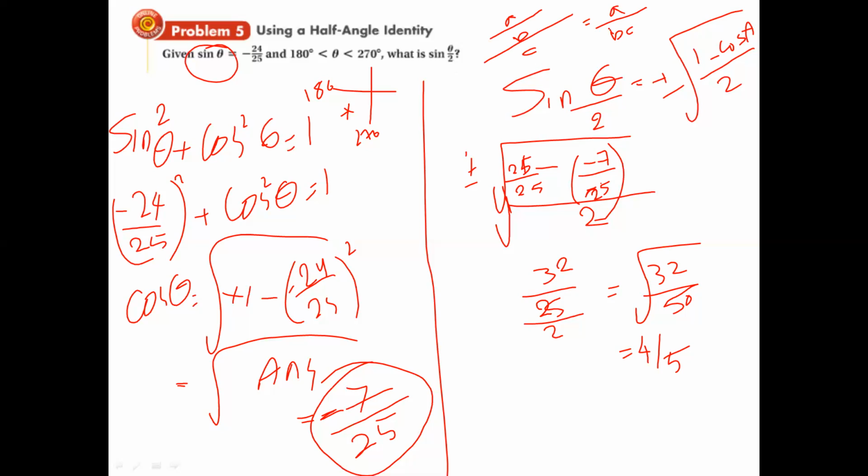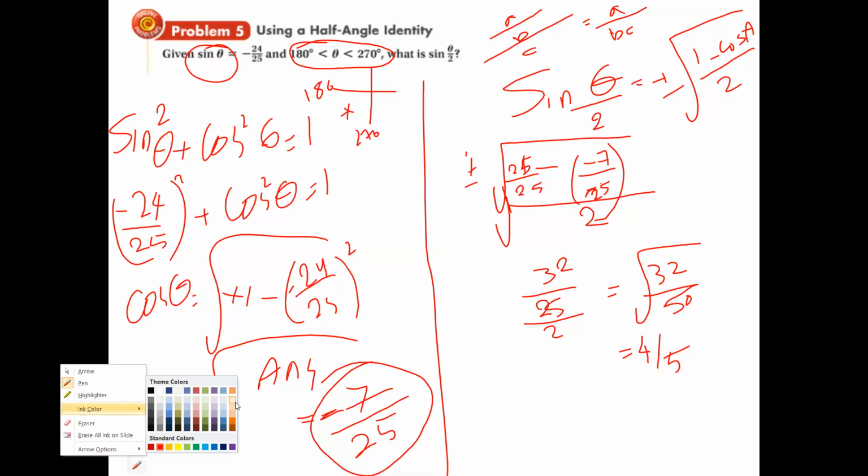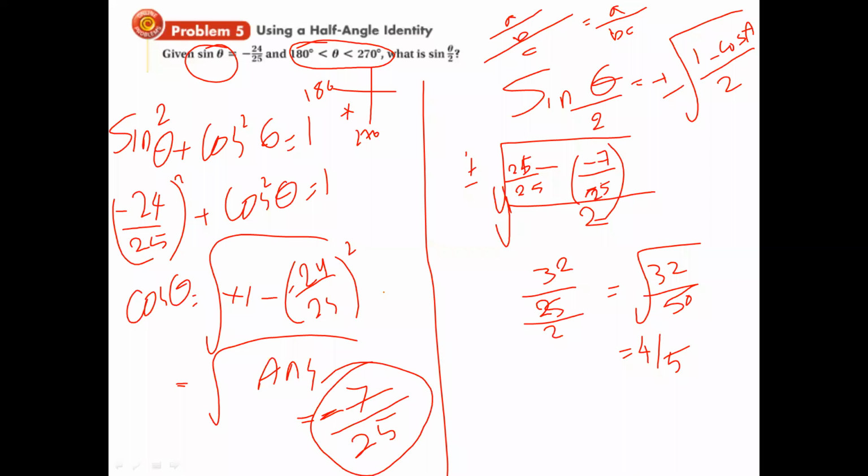Now positive or negative? For the theta, if you look at the domain of theta, it is between 180 and 270. This domain is given from above. Since I told you that is the range of theta, what about theta over 2?